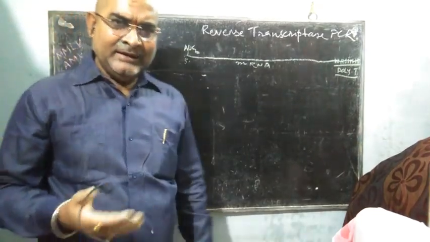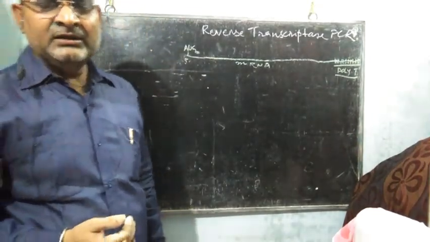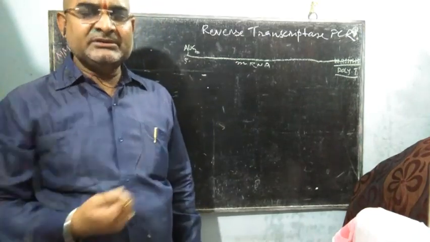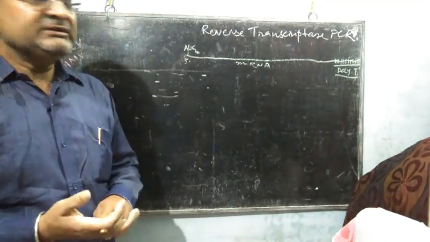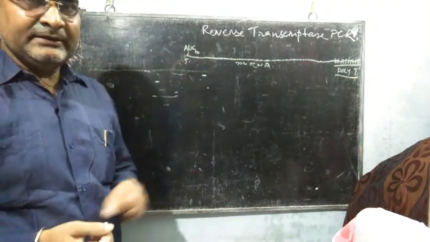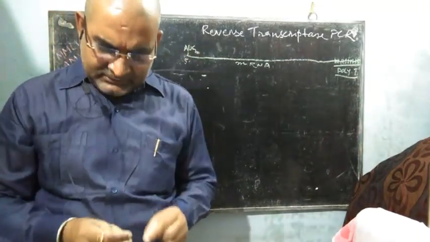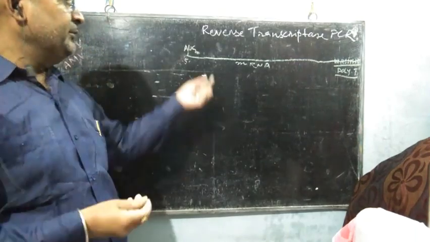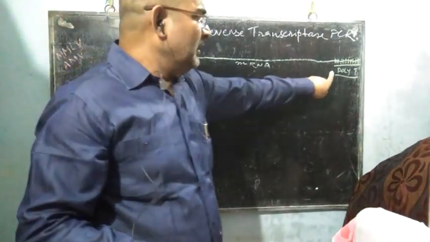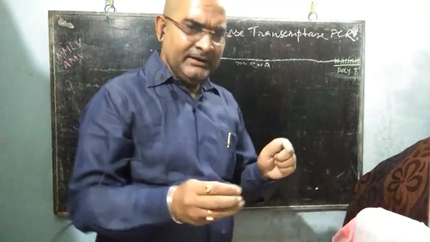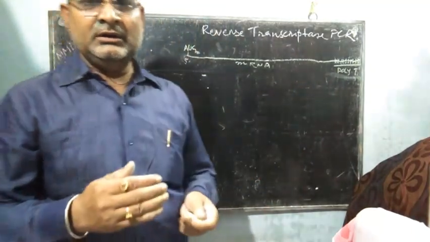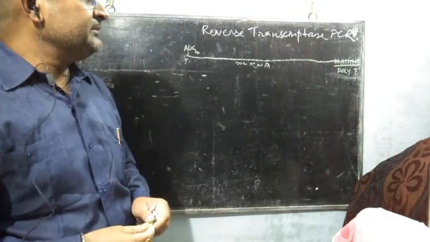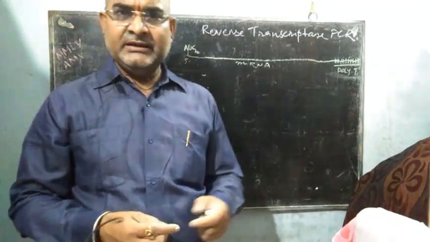In my last representation, I discussed that during polymerization the most important thing is the primer, and here we also need a primer. Commonly, three types of primers are used in reverse transcriptase PCR, which I am going to discuss.